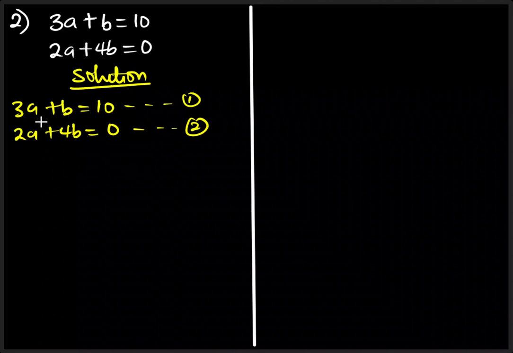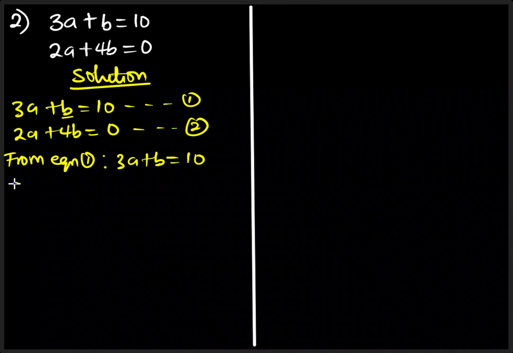If we check, only one variable has a coefficient of 1 here, which is b, carrying plus b. So from equation 1, which says 3a plus b equal to 10, let's make b our subject of formula.